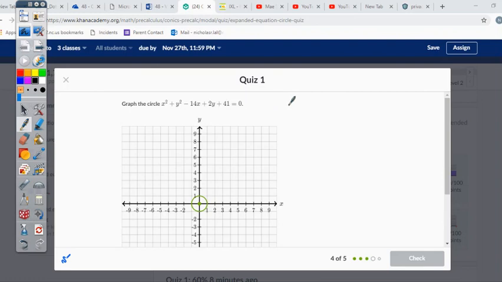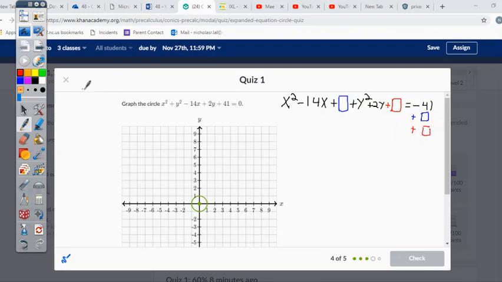So we can write x squared minus 14x plus our complete the square term for the x's, plus y squared plus 2y plus our complete the square term, is going to equal -41 plus our term for completing the square for the x's plus our term for completing the square with the y's.